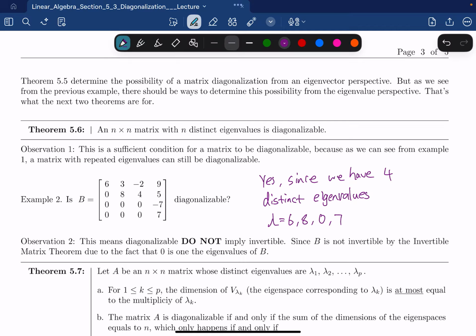Theorem 5.6 guarantees that our 4x4 matrix B is diagonalizable because we have 4 distinct eigenvalues.